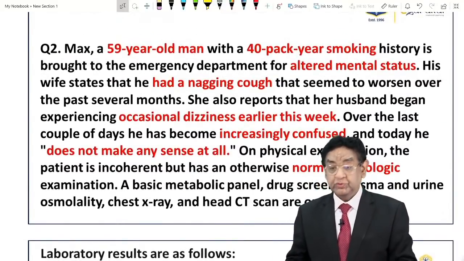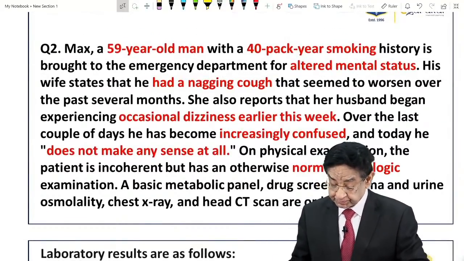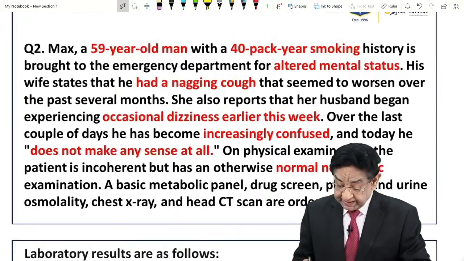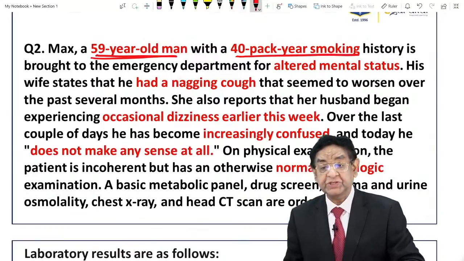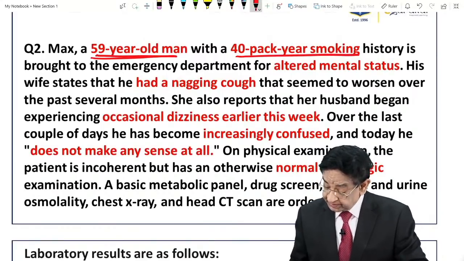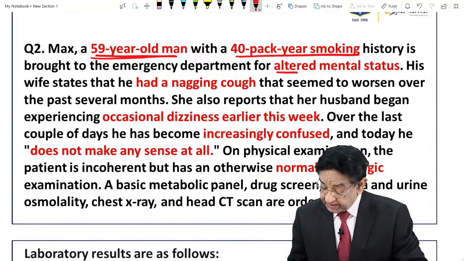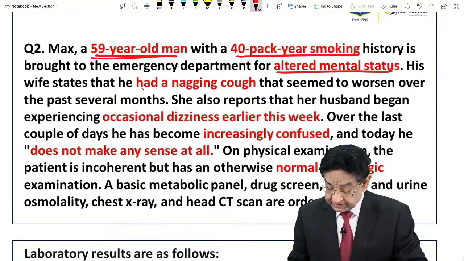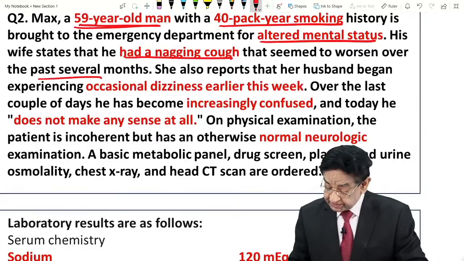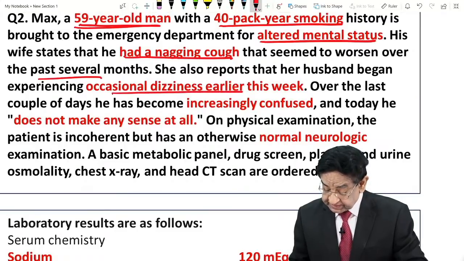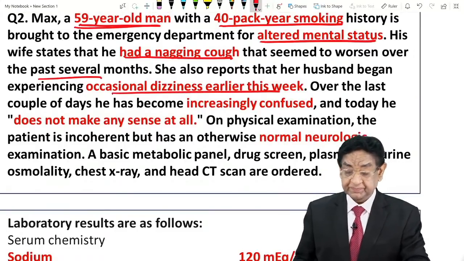Now we come to question number 2. We are getting a 59-year-old man. A 40 pack-year history of smoking is there. Now he has come with altered mental status. He had a lot of cough, worsening over months. Features of dizziness are there.